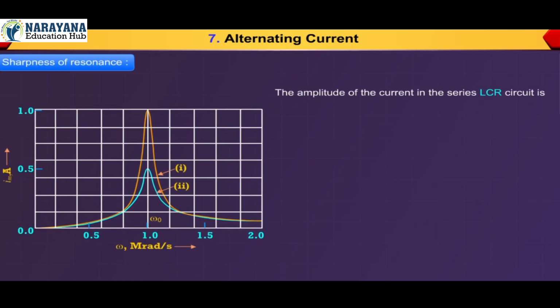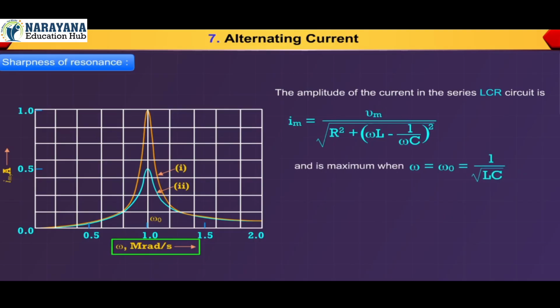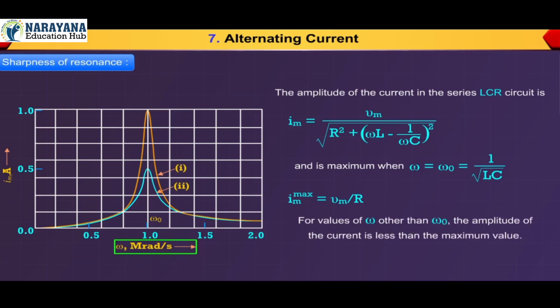Sharpness of resonance. The amplitude of the current in the series LCR circuit is given by Im = Vm/√(R² + (ωL − 1/ωC)²), and is maximum when ω = ω0 = 1/√(LC). The maximum value is Im maximum = Vm/R. For values of ω other than ω0, the amplitude of the current is less than the maximum value.